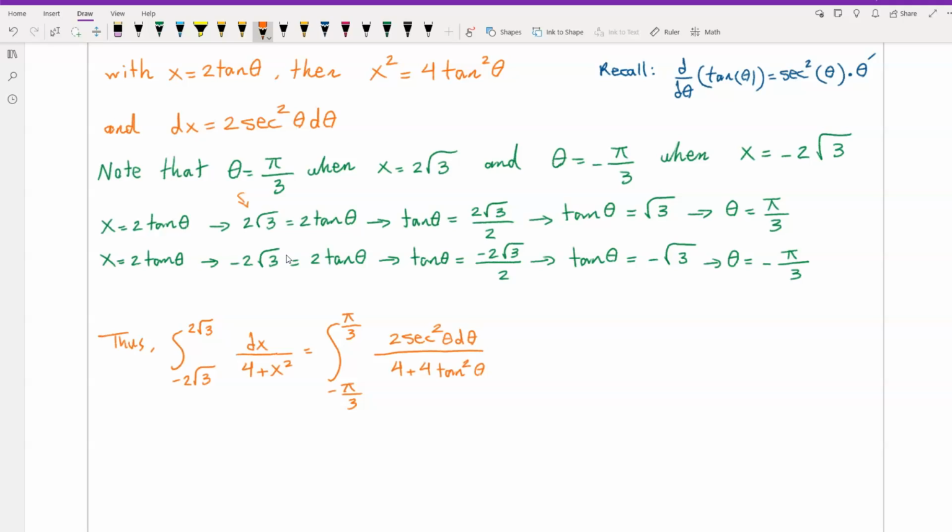What we have for dx is 2 times secant squared theta d theta in the numerator. And in the denominator we have 4 plus x squared, and x squared is equal to 4 tangent squared theta. And in this case, instead of negative 2 square root of 3 and positive 2 square root of 3, now we have to use what we have for theta: negative pi over 3 and pi over 3.